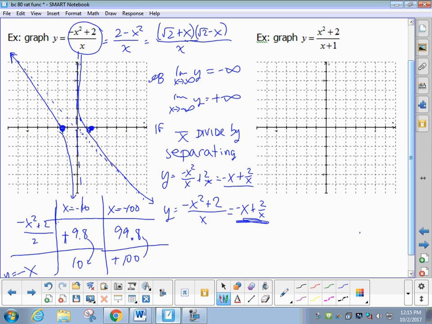My curve is like the line plus a little something, so I would be above the line. Over here, do you agree I'm dealing with negative x's? What's the remainder at a negative x? Negative, and so I'd be like the line minus a little something, so I'd be below the line. That also tells you where you are with respect to the slant asymptote.